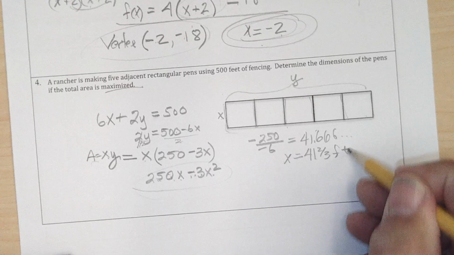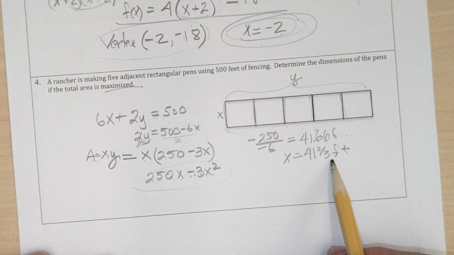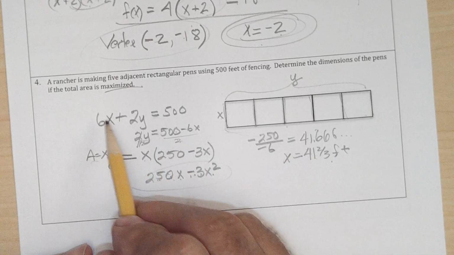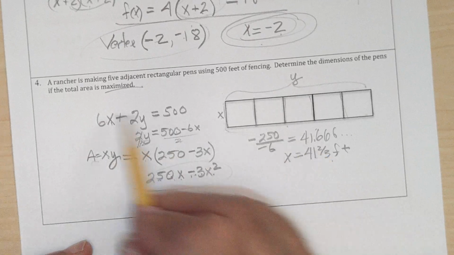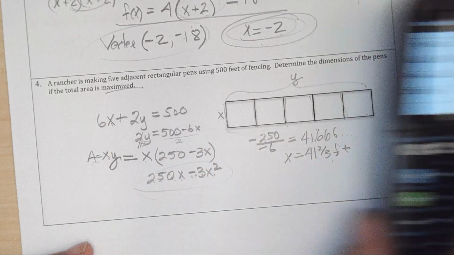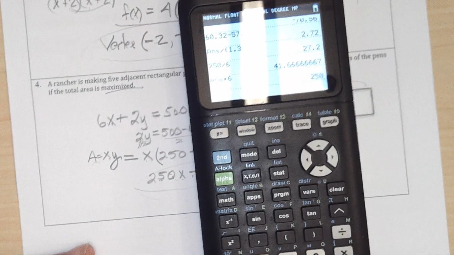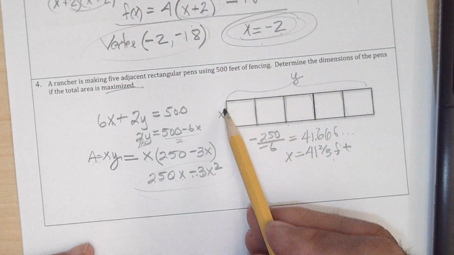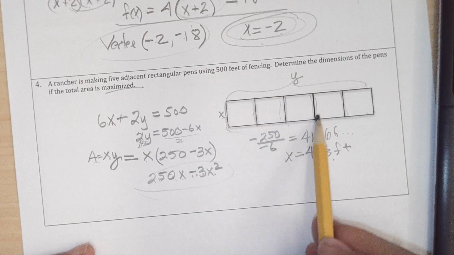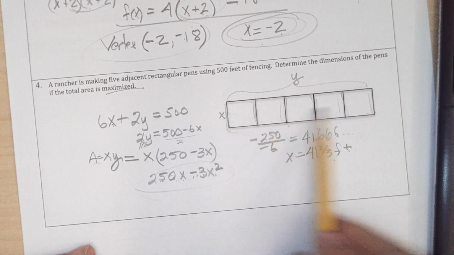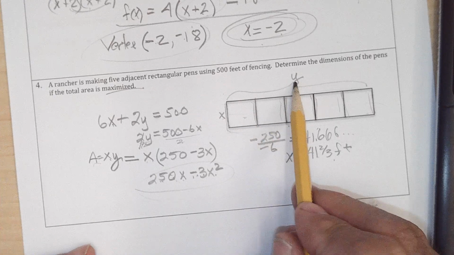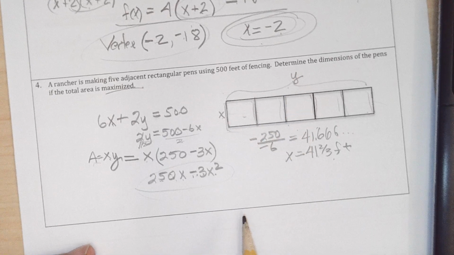And to get the y, I can take 6 times that and subtract it from 500. So I'm going to take that answer times 6, and I get 250 feet. So I'm going to use 250 feet, or half of my fencing for those. So the other half would be for the 2y's.